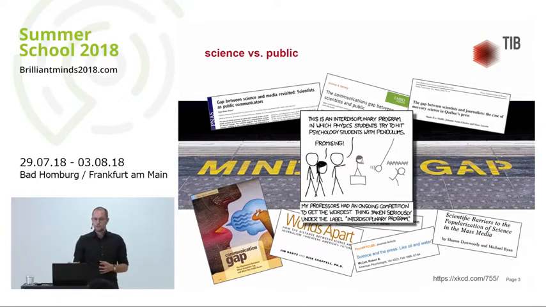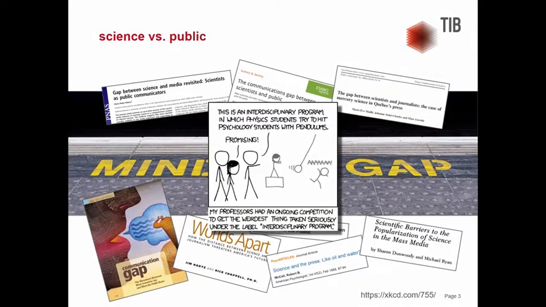On the other hand, you shouldn't spare the public from the more complicated details, because I think you have to tell how you got your results and what you're actually doing. Take the example Philip already had: if you just say there is climate change, that is the same as if someone else says there's no climate change, and for non-scientists you don't have any way to tell what's true.